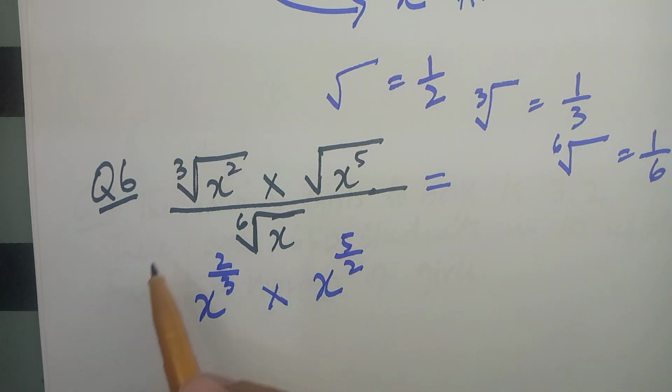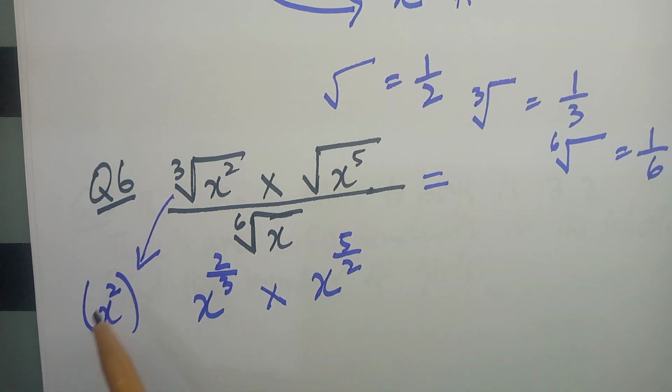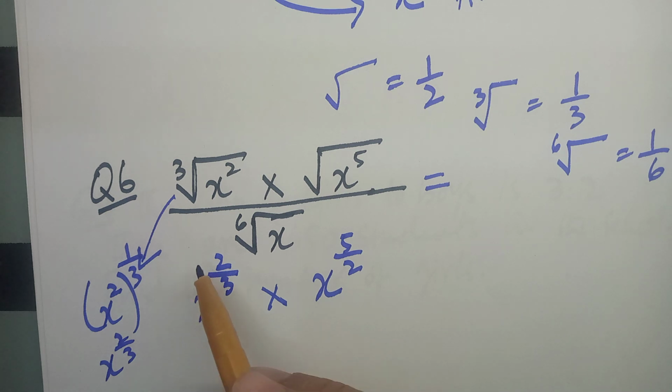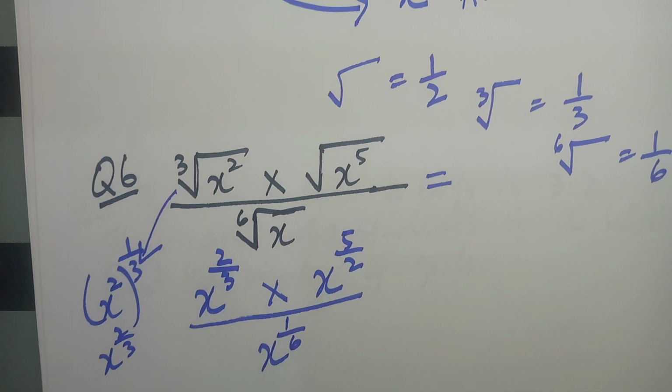The reason is that once you convert x power 2 to 1 upon 3, and you multiply this 2 by 1 upon 3, you will get 2 upon 3. So that's why the cube root of x square is equal to x raised to the power 2 upon 3. And it is divided by x raised to the power 1 upon 6.